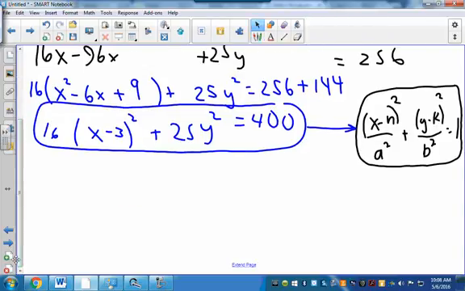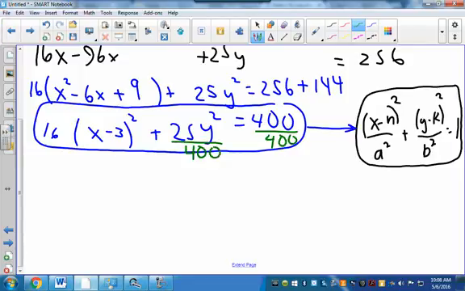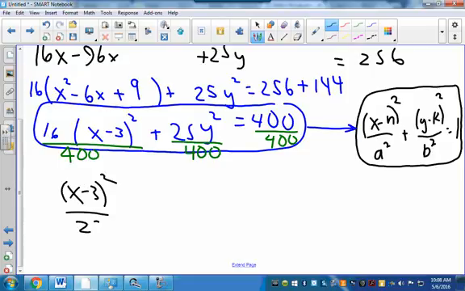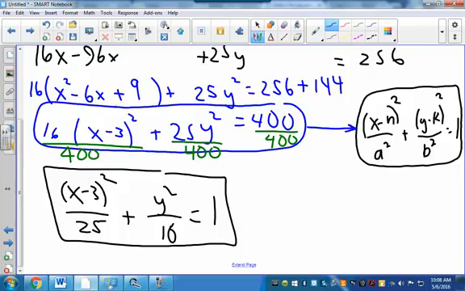Yeah, just divide by 400. That forces that to be 1. Of course, you got to divide this by 400. And lo and behold, 25 400ths reduces very nicely. You divide this by 400, and 16 400ths reduces very nicely. So you get it in a nice standard form, x minus 3 squared over 25, plus y squared over 16 is equal to 1. Okay, so there's your standard form or your graphing form.